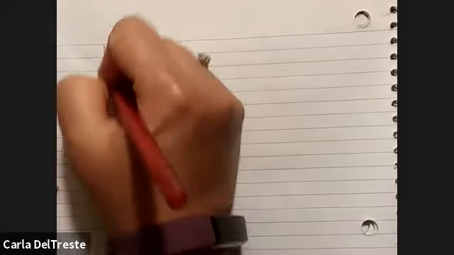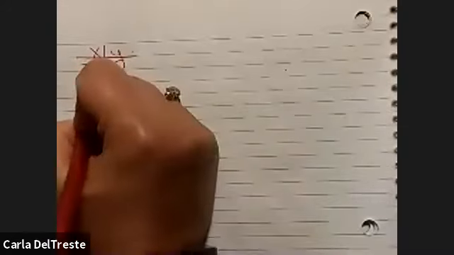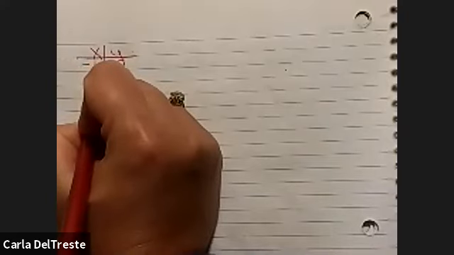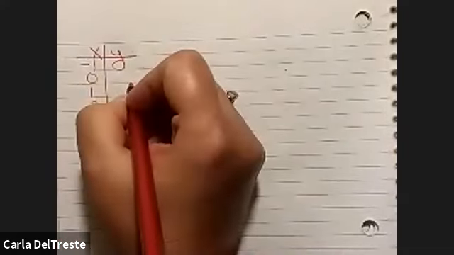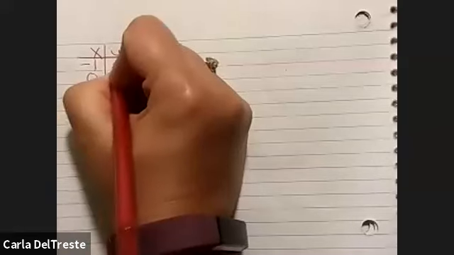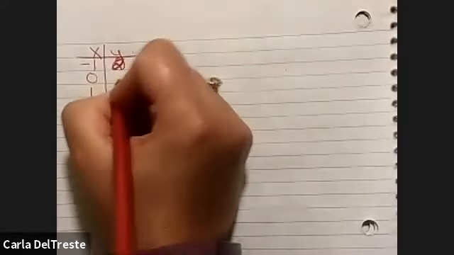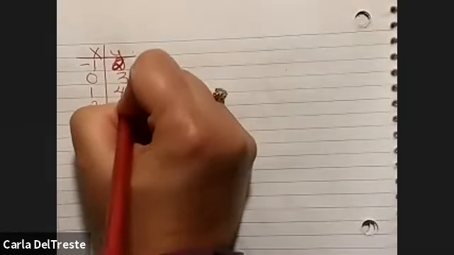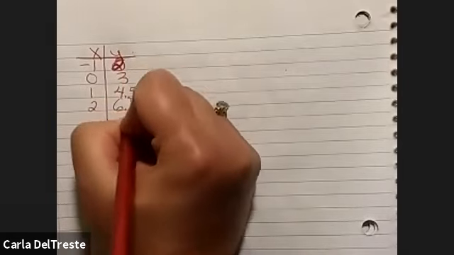Let's look at another table. Let's say your table looks like this. We have our x and our y, and your x values are -1, 0, 1, 2. We'll do 2 as an output, 3, 4.5, and 6.75.